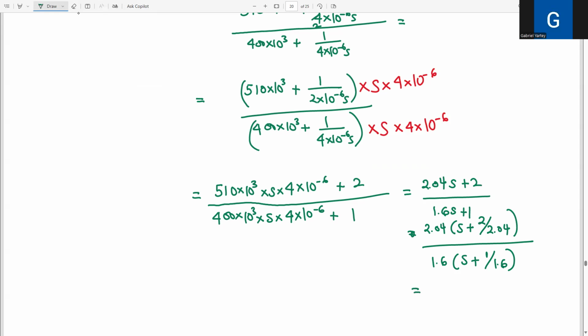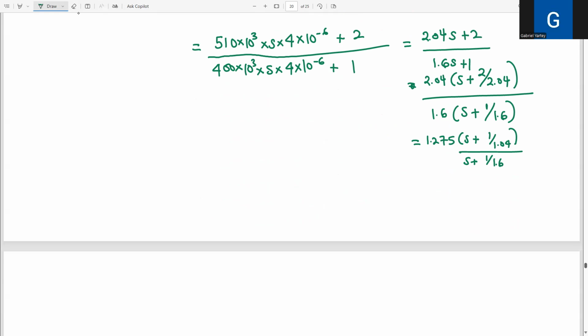This is 1.275 times s plus 1 over 1.04, and then s plus 1 over 1.6. So it becomes easy for you to find the zeros and the poles of the function.